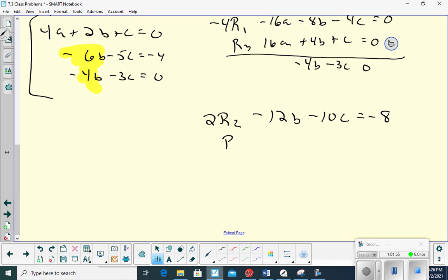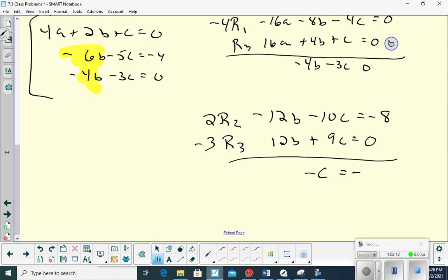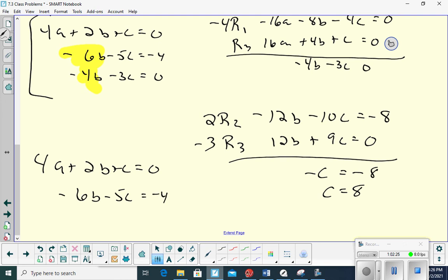And then row 3, I'm going to have to multiply by negative 3, so it becomes a positive 12. So this will be 12b plus 9c, and that's equal to 0. So this will end up being negative c. Negative c is equal to negative 8, so c is equal to 8. So this is what I have. And c is equal to 8.